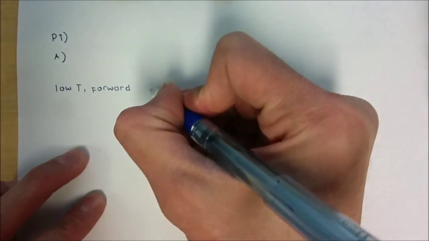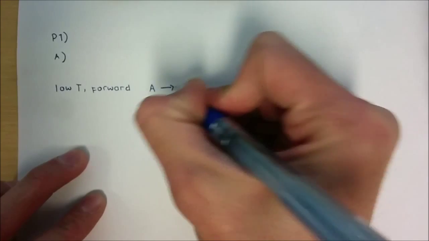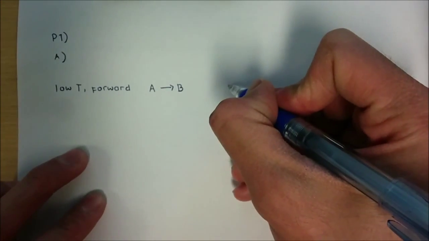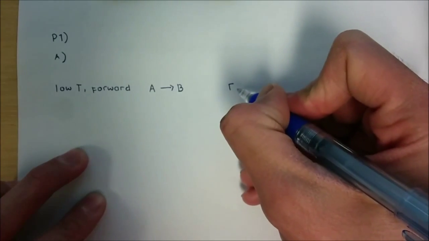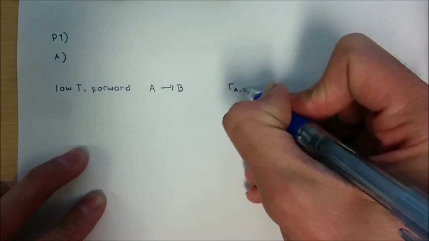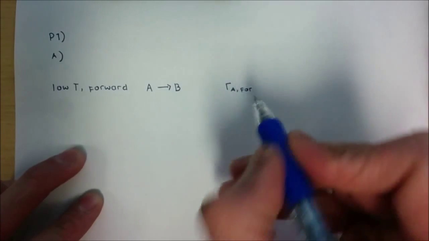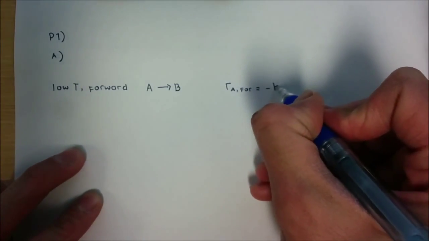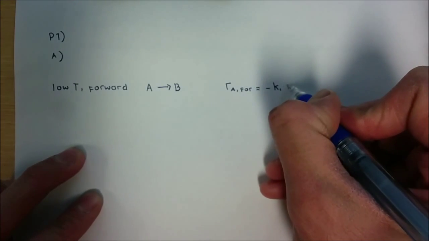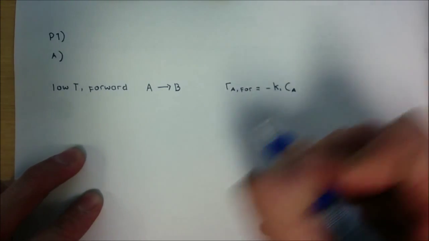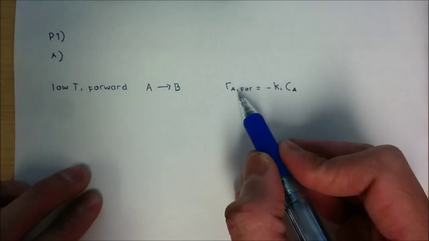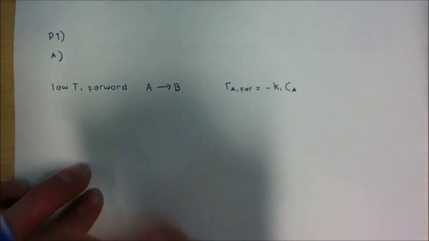So we can write A goes to B, and the rate law for the forward reaction is going to be equal to minus K1 CA. So in here, A will be consumed, so RA is going to be negative.